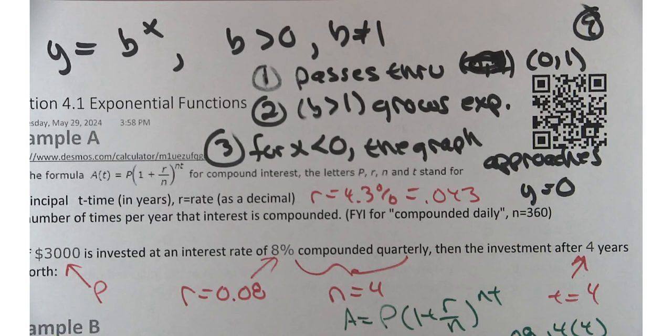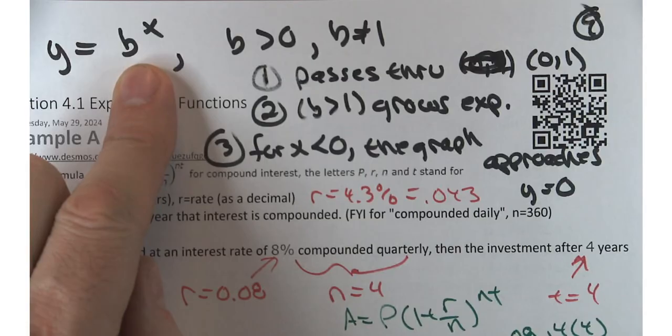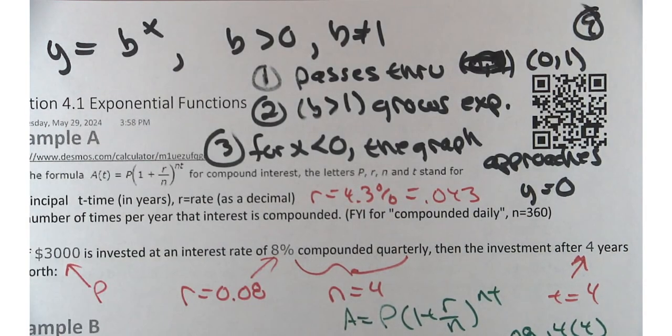So, all right, interesting. Let's play around with an example in the form of number c and just get used to the form and the shape of this graph, 2 to the x. I'll give you a couple more seconds to copy those down, and then we'll move on to example C here.